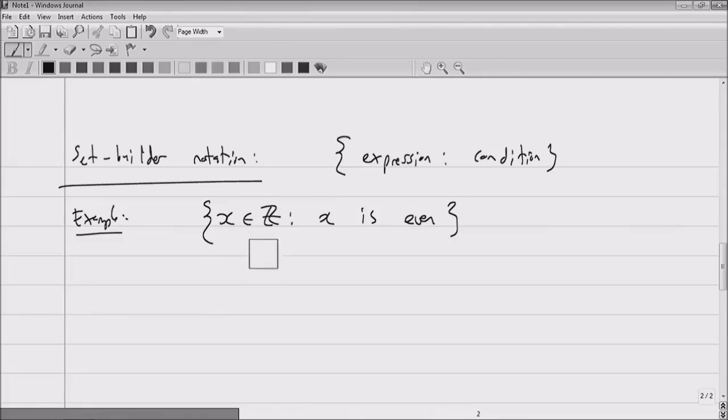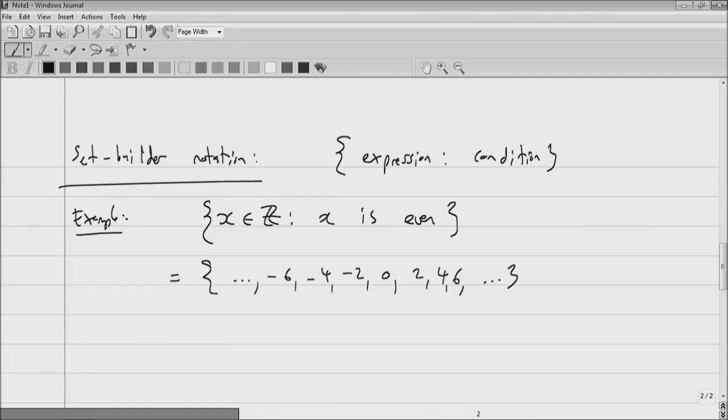In other words, it's a set of all integers such that this condition is satisfied. So it's a set of all integers which are even. In other words, a set of all even integers. So you could write this out using the previous set notation which we mentioned like this. You could say, well, this is minus 6, minus 4, minus 2, 0, 2, 4, 6, and so on.